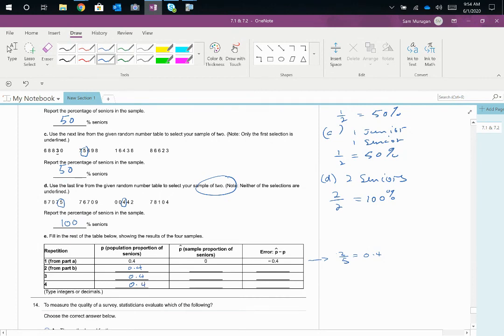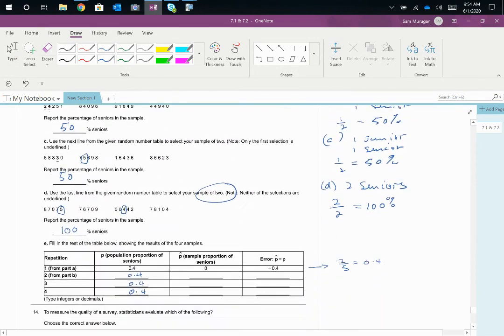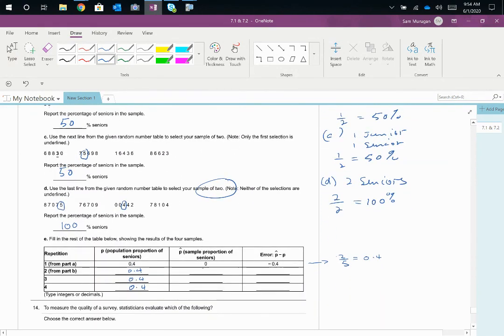Then we go to the answer from part B, which is 0.5. So p hat minus p is 0.5 minus 0.4, which is 0.1.